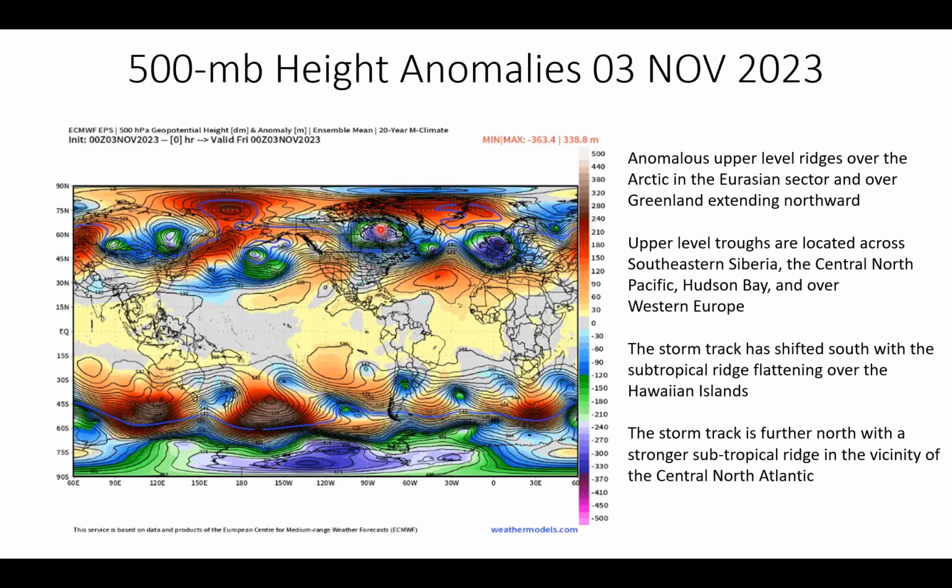Additionally, we have significantly lower than normal height anomalies, a closed low associated with troughing generally over Hudson Bay, or just north of Hudson Bay in Canada. Additionally, we have a very, very strong upper level low and trough right over the western portions of Europe, specifically over the British Isles.